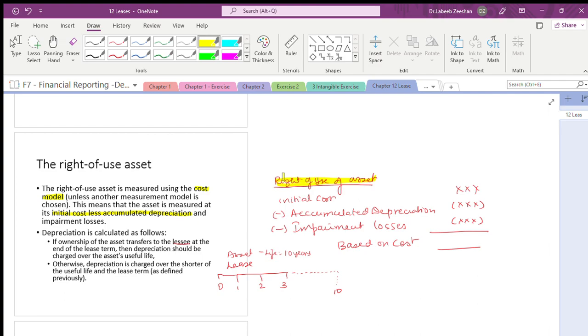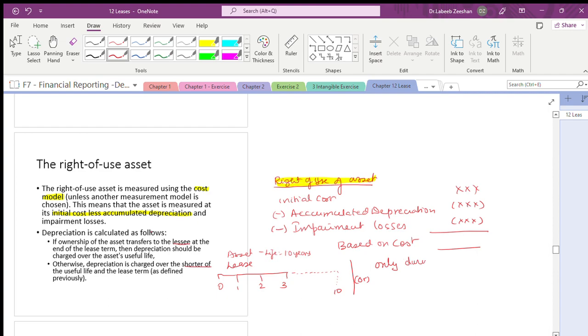If that is not the case, if you are not getting the ownership, depreciation is charged for the shorter of the useful life or the lease period.